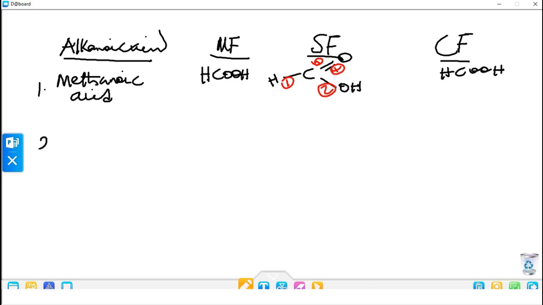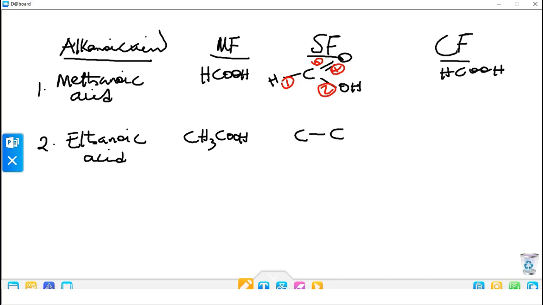Let's take a look at the second member, which is ethanoic acid. Ethanoic acid is CH3COOH. So there are 2 carbon atoms there, because it is not an unsaturated compound. It is saturated. The carbon atoms are saturated, not unsaturated.